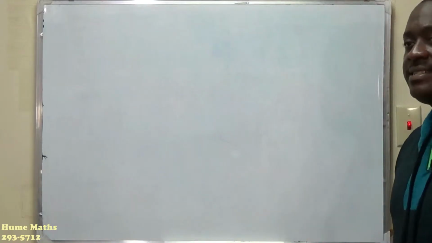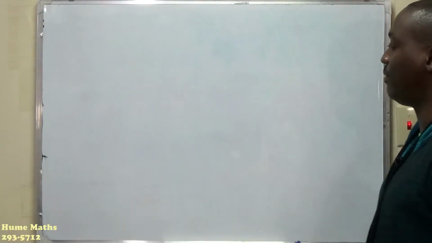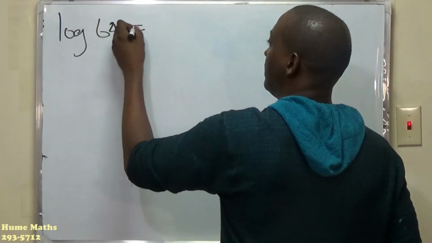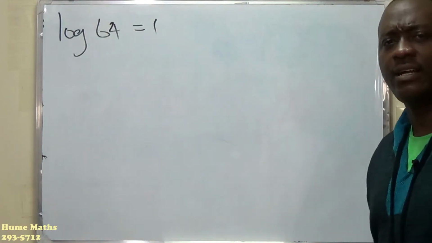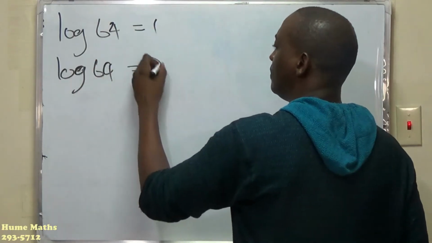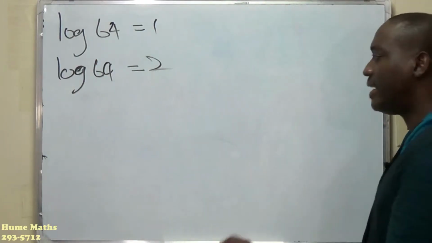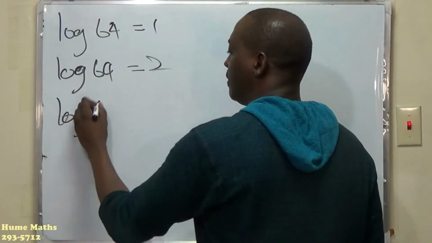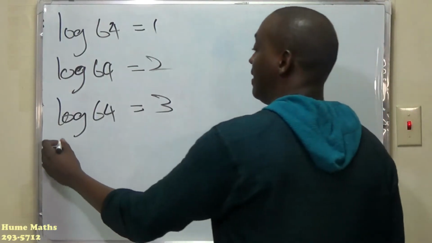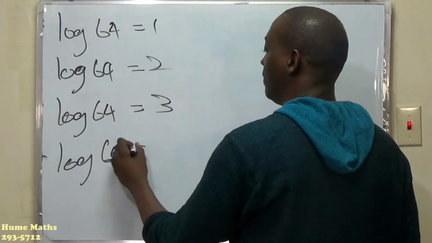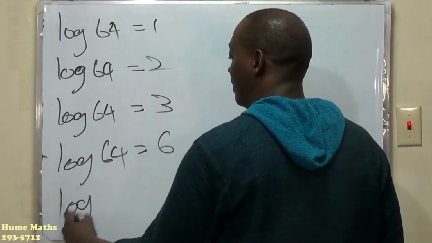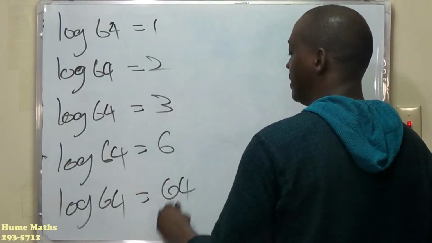So if I tell you that the log of 64 is 1, and then I come and tell you that the log of 64 is also 2, and then I say that the log of 64 is 3, and then that the log of 64 is also 6, and then I say that the log of 64 is 64.